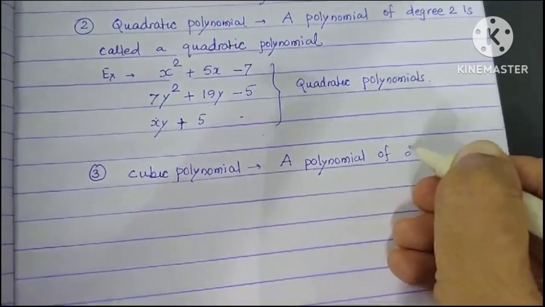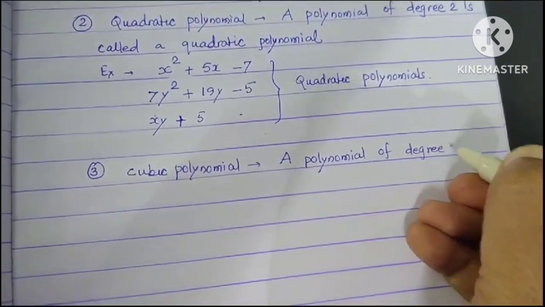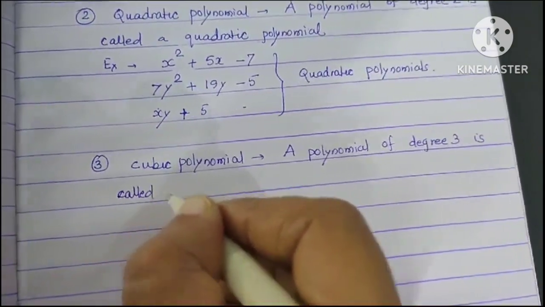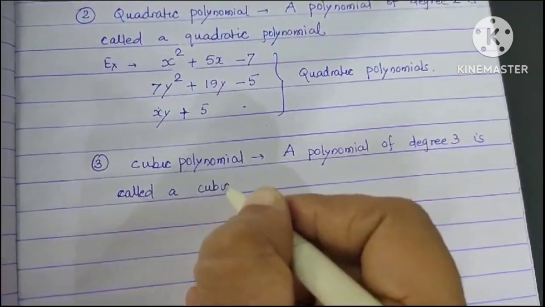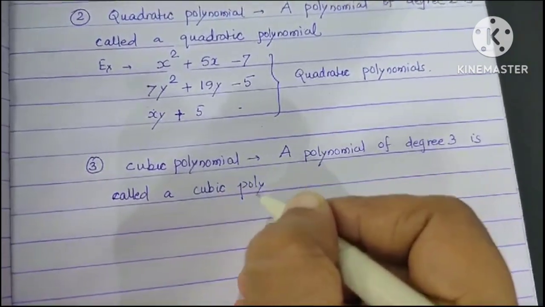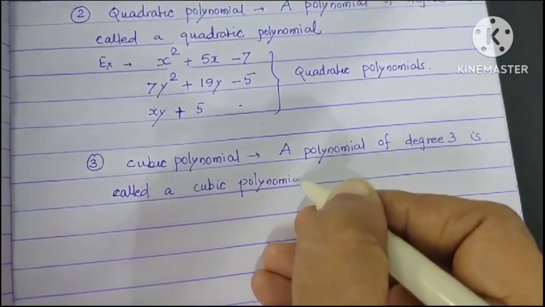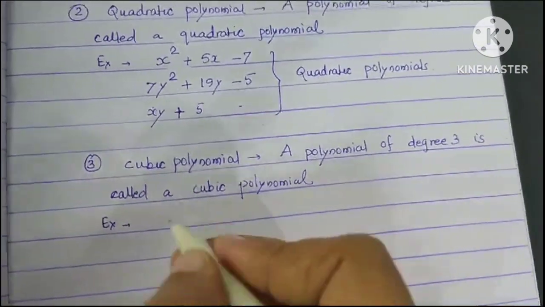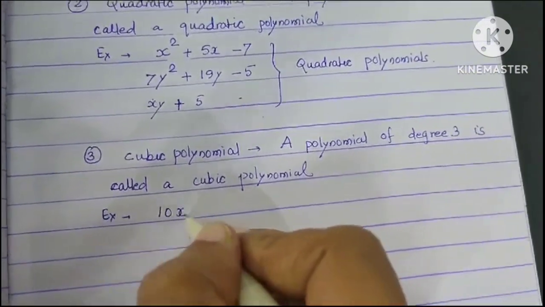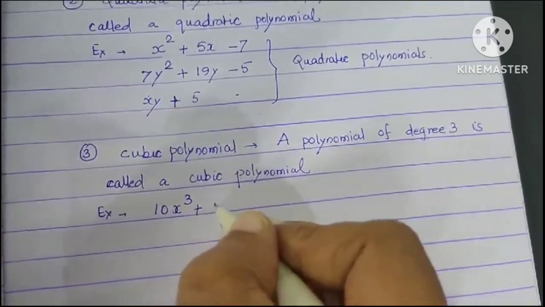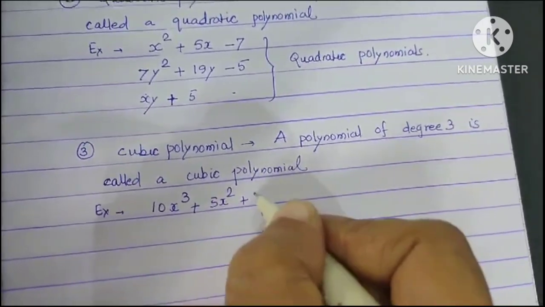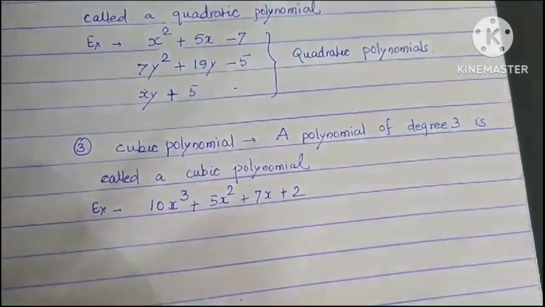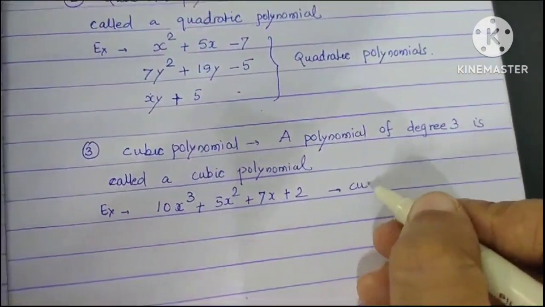A polynomial of degree 3 is called a cubic polynomial. Now you can write the example, like 10x cube plus 5x square plus 7x plus 2. This will be a cubic polynomial in variable x.